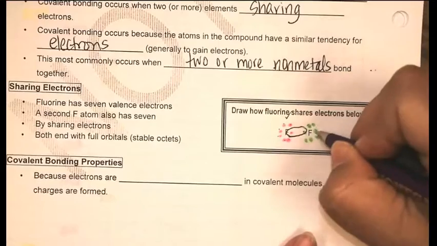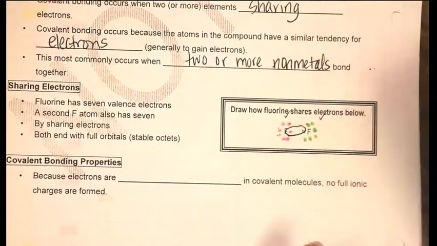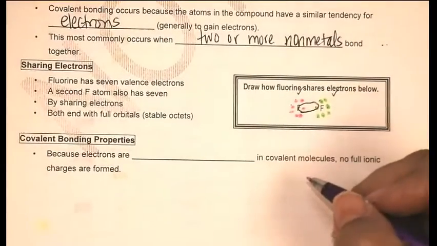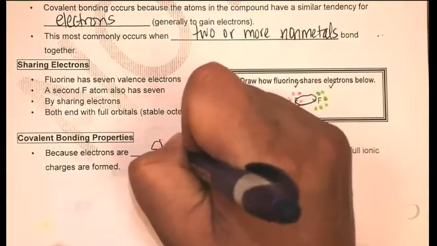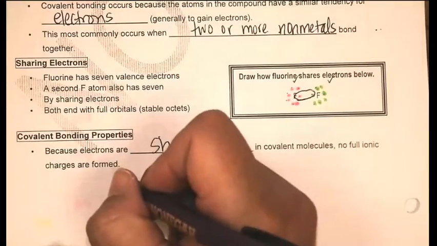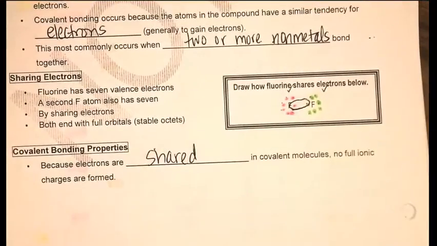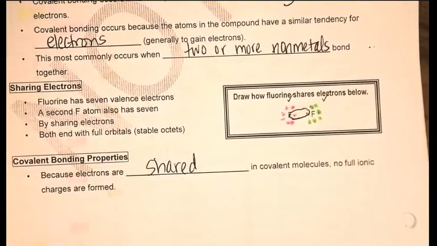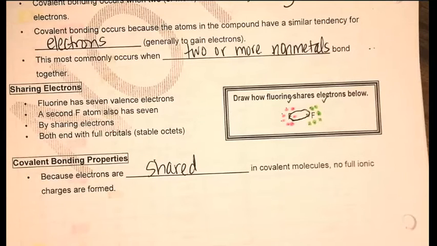That's happy. Because electrons are shared in covalent molecules, there's no full ionic charge. So we get to forget about charges, and there's no reduced crisscrossing in these problems.